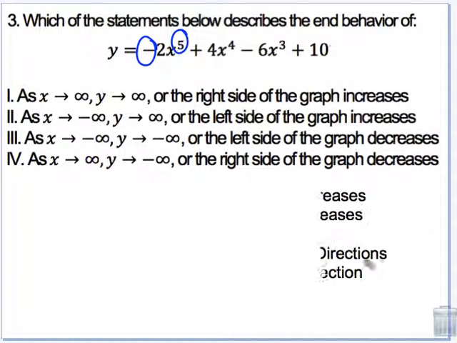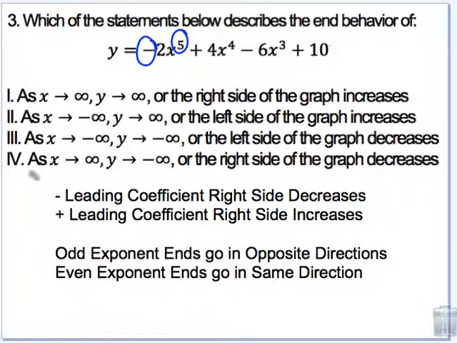So for this one, you should be able to answer this question without even graphing it, because your leading coefficient is negative. Then a negative leading coefficient makes the right side of the graph decrease or go down. Okay? So we know that in this case, the right side of the graph is decreasing.